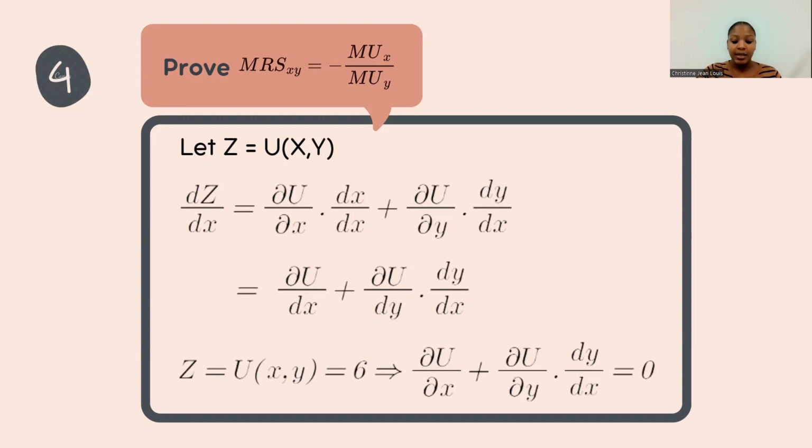Now, let's take the case where z, the utility function XY, equals a constant c. This constant, for example, can be 6.